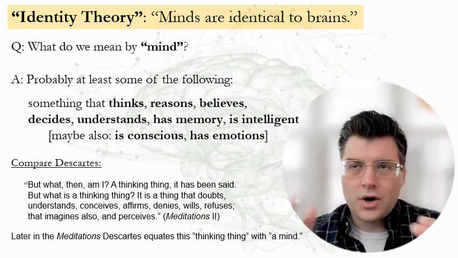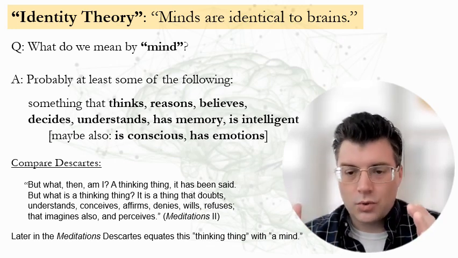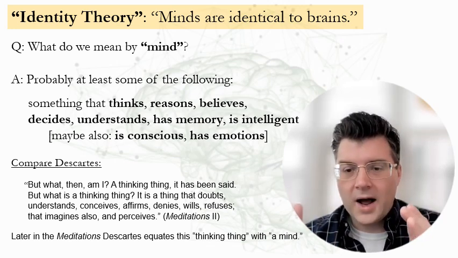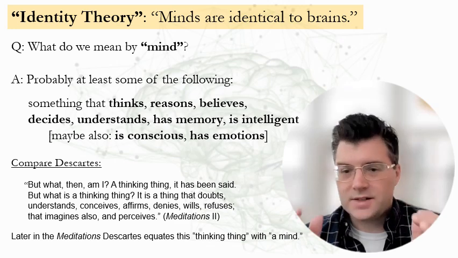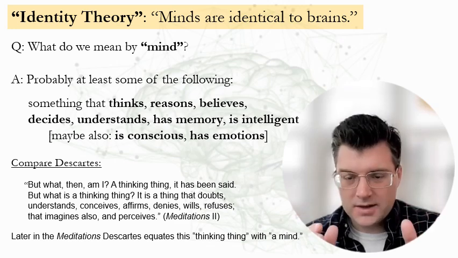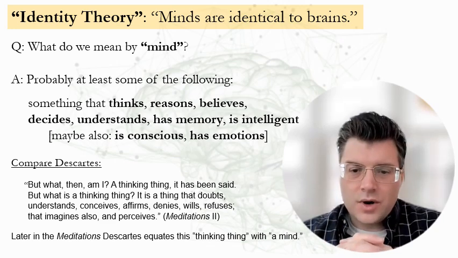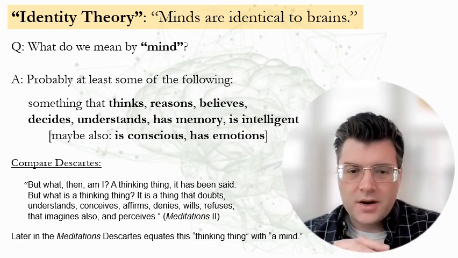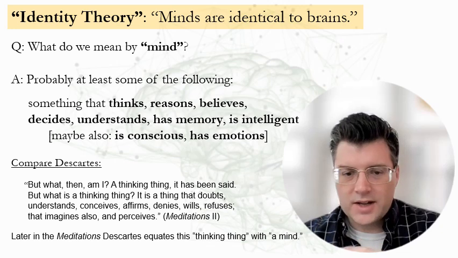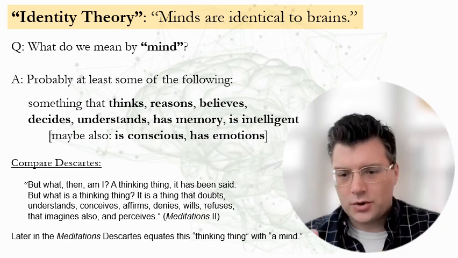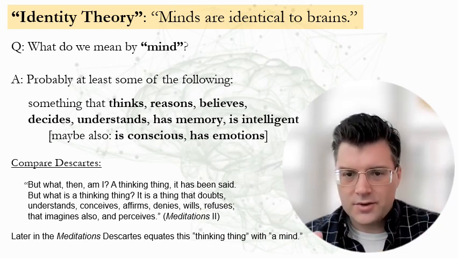I'm just talking a little bit about how it is we use the word mind and why and how we decide what kinds of things we describe as having minds or as being minds. And so, I have a quote here from Descartes, which is like his definition of mind, and it's very similar to the definition that I have on the slide here.